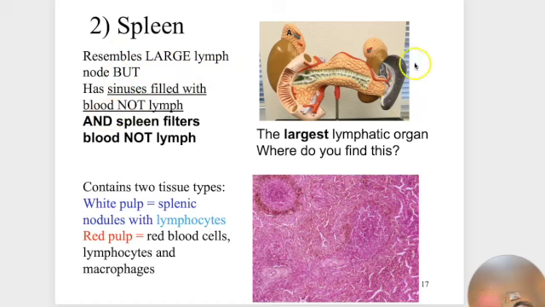So your spleen is filled with blood and not lymph. The spleen filters out the blood and not lymph fluid. Again, the spleen is filled with blood and filters blood, but not lymph.